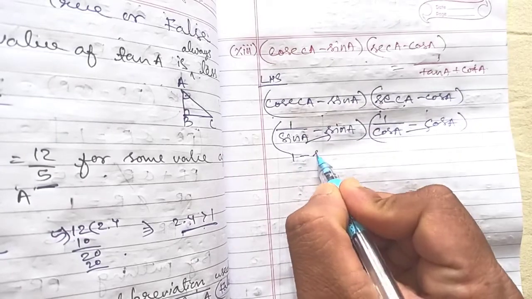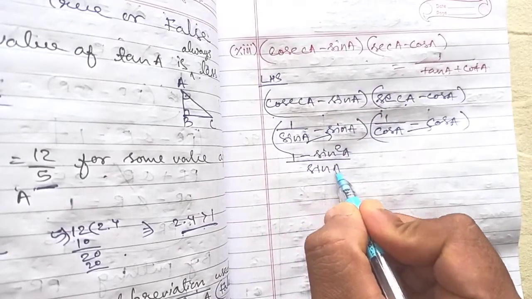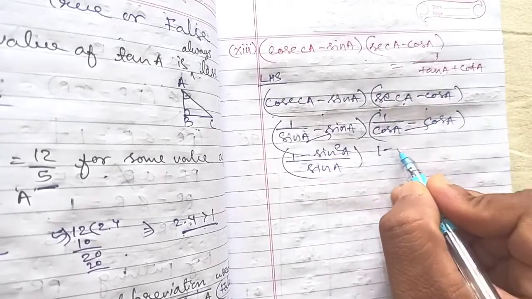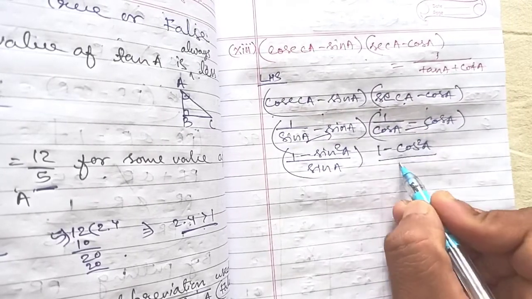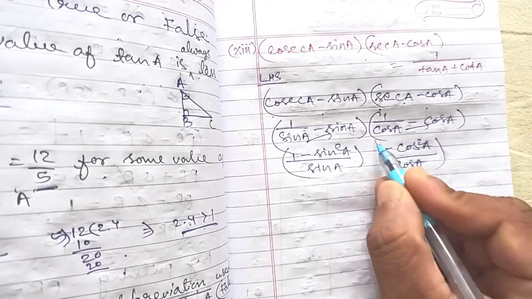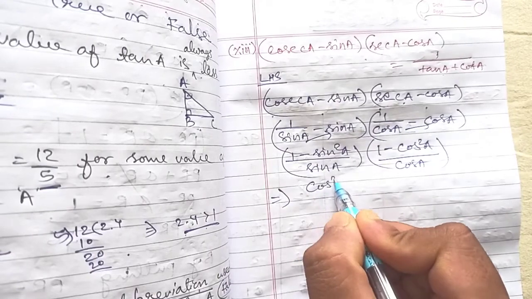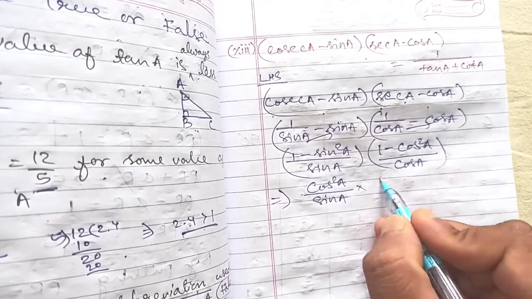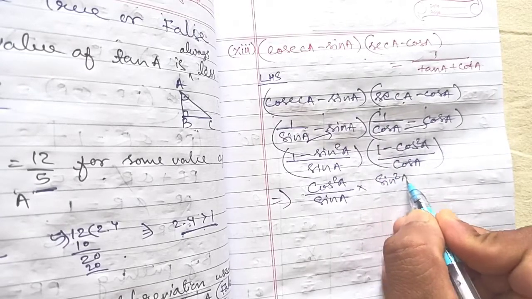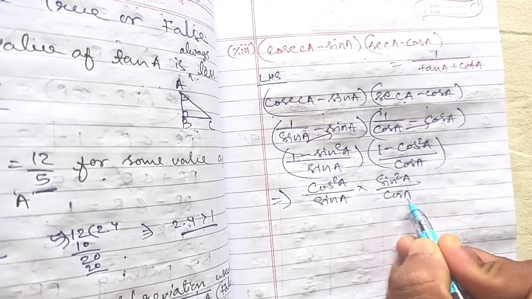So (1 minus sin square a) divided by sin a into (1 minus cos square a) by cos a. Okay, now 1 minus sin square theta is cos square theta by sin theta into, 1 minus cos square theta is sin square theta divided by cos theta.